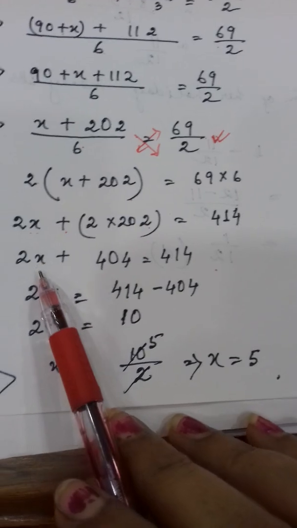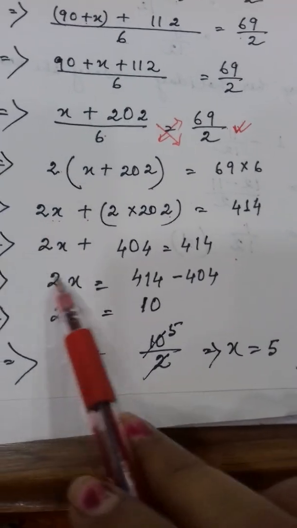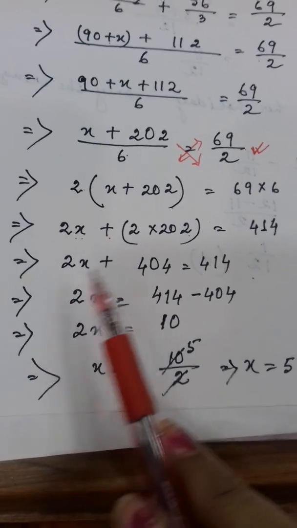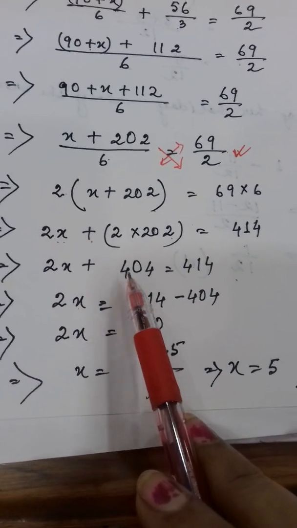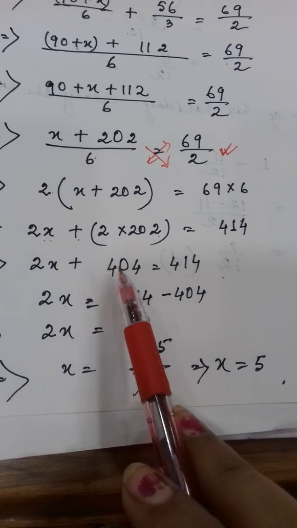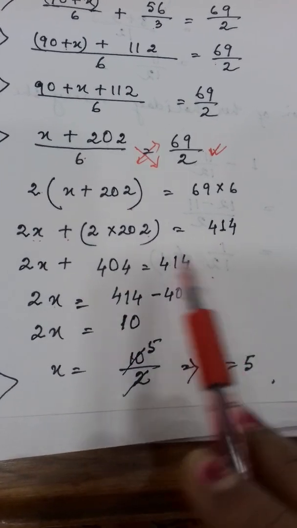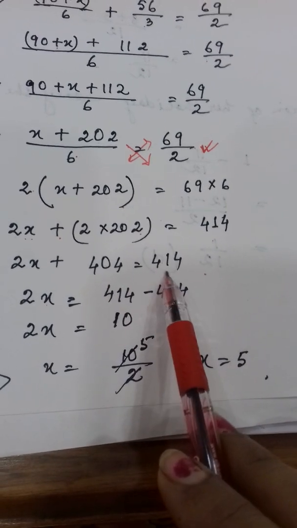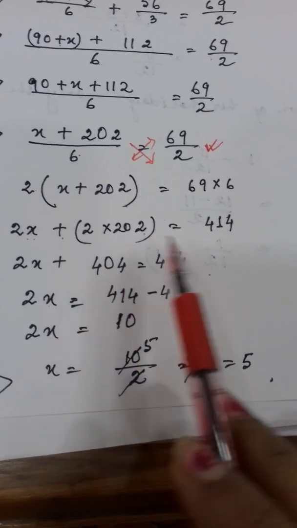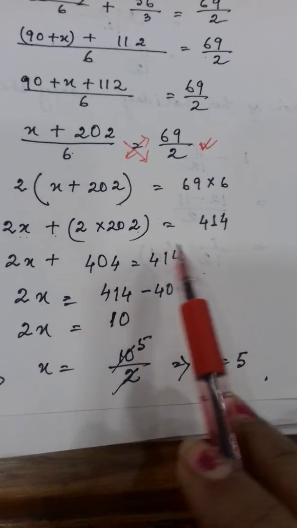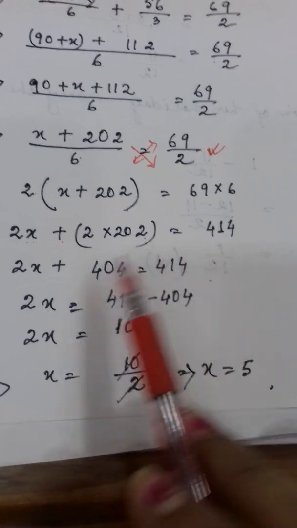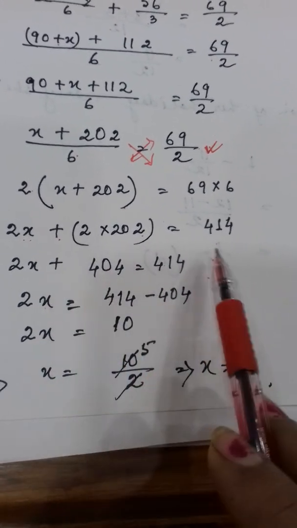Now you have to find out the value of x. So this twice x remains on the left hand side, and the only numerical figure, that one you take to the right hand side. Now here is another concept of equations, algebraic expressions, I am telling you. When we are changing the side of any single number, then its sign also changes.